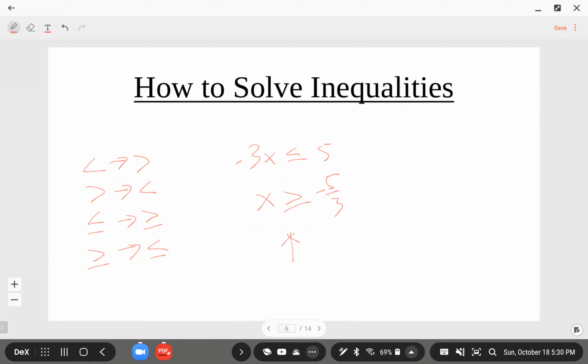When you divide by a negative, as I said, this is super important, you have to change your sign. You flip the sign to the complete opposite: less than turns into greater than, greater turns into less than, and you get the idea. Now let's go over some practice problems.